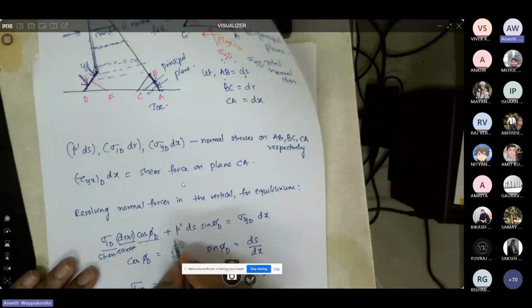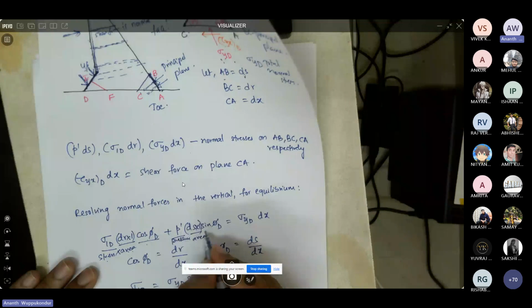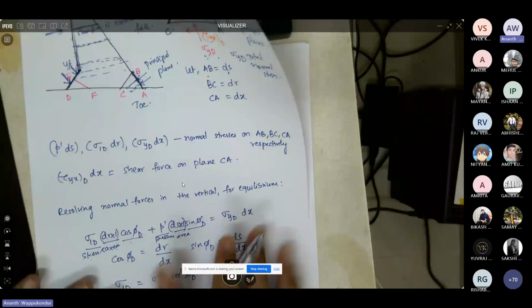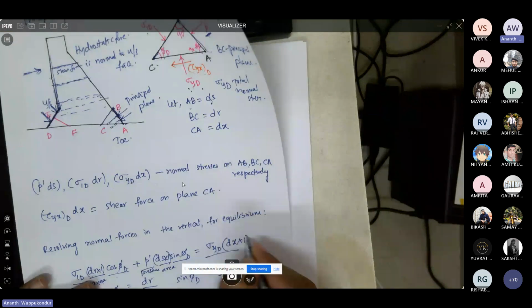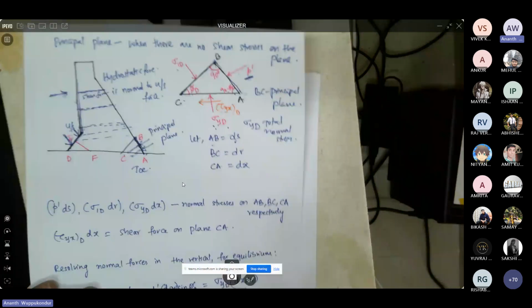And P is again the hydrostatic pressure, so you need to multiply pressure with area, and you resolve that in the vertical direction using sine phi d, which is the angle. And these two forces are counteracted by sigma yd, which is the stress multiplied by area again. So sigma yd is already in the vertical direction, so you don't have to resolve it or multiply it with cos or sine phi d.